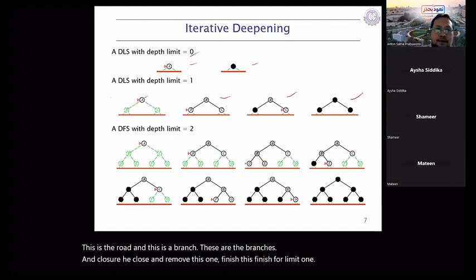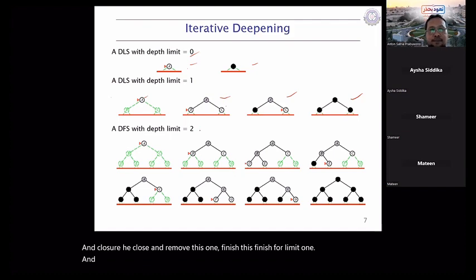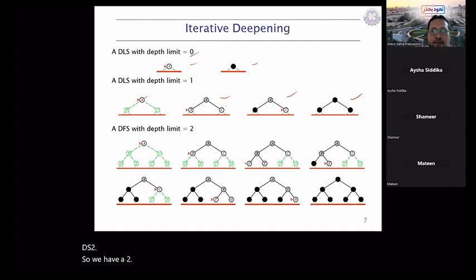And DLS with depth limit 2 goes until the second level of branches.